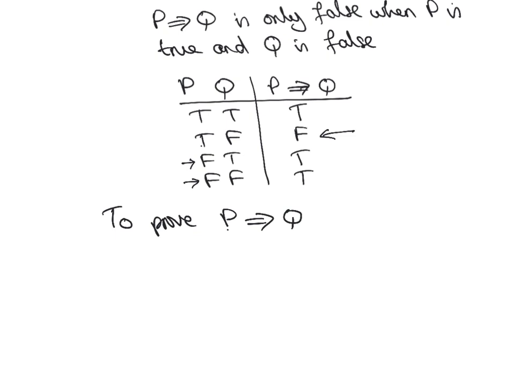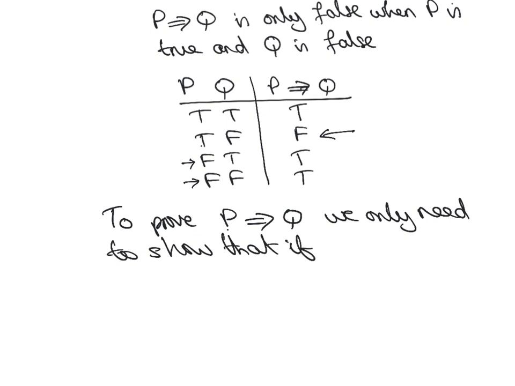So to prove P implies Q, we only need to show that if P is true, then Q is also true.